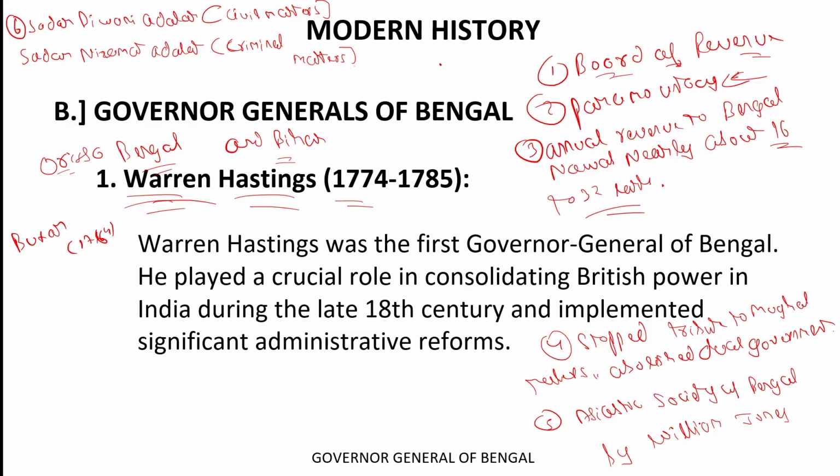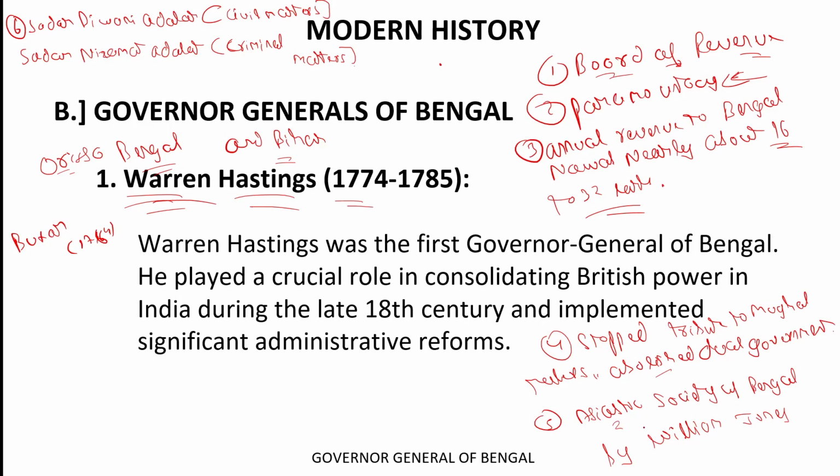So there are two types of government. First, which is maintaining the administration. Second, which is collecting the revenue. But Warren Hastings abolished the policy and stated that there should be only one government. Both revenue and administration would be maintained by it only. So he abolished the dual government.